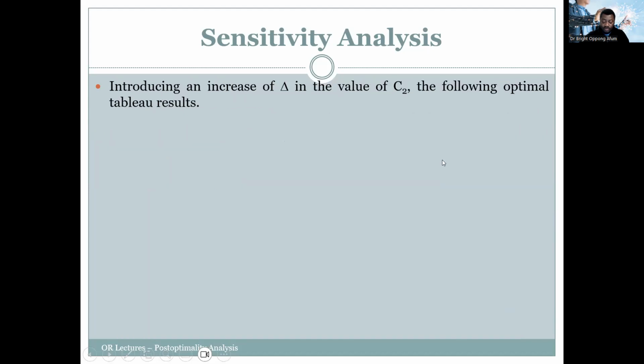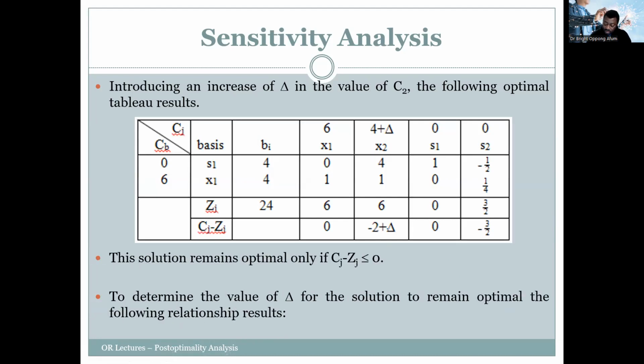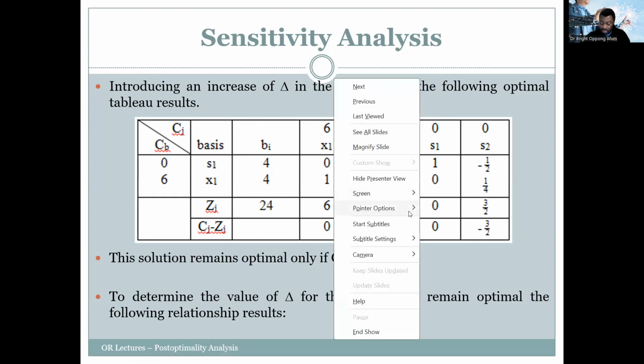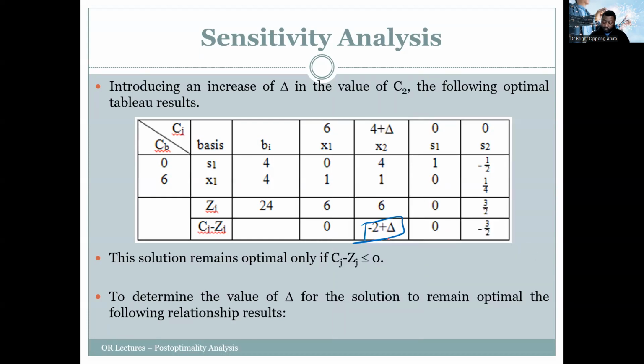If there is a change in the C2, that is 4 plus the change, it can be positive or negative. The solution, remember, will remain optimal as long as CJ minus ZJ is less than or equal to 0.